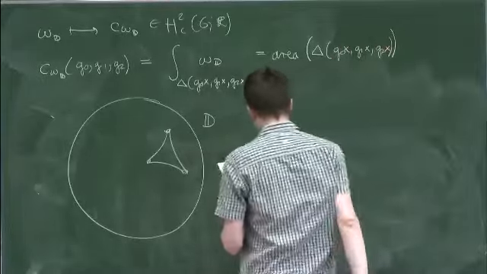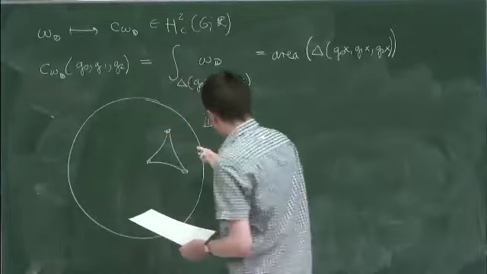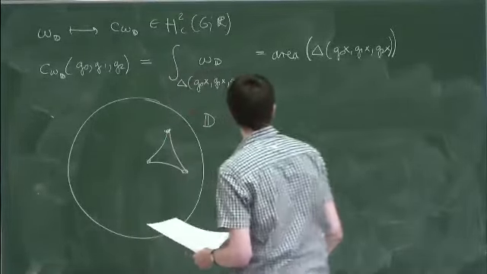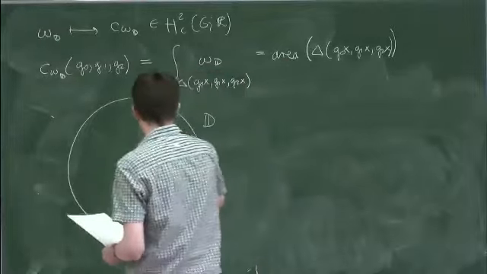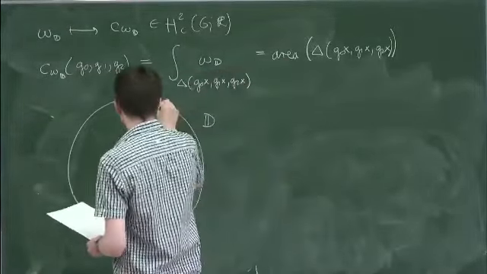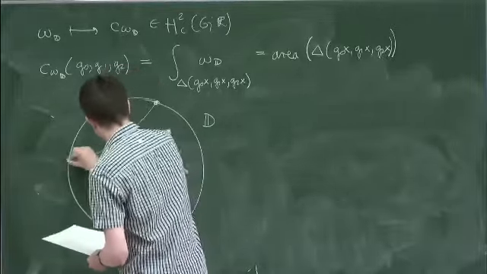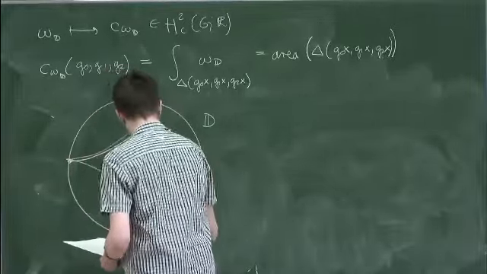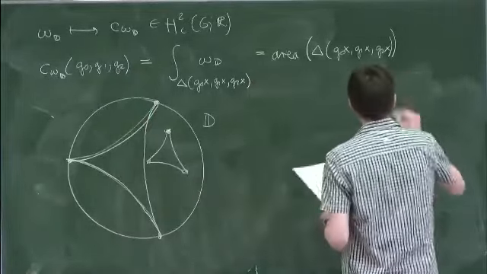And now we can in fact estimate this area, because we know that if these vertices go to the boundary, we end up with something like that, which is called an ideal triangle. And we know the area of any such ideal triangle is exactly pi.